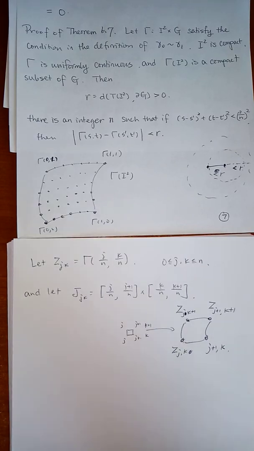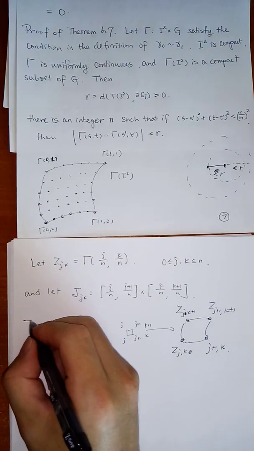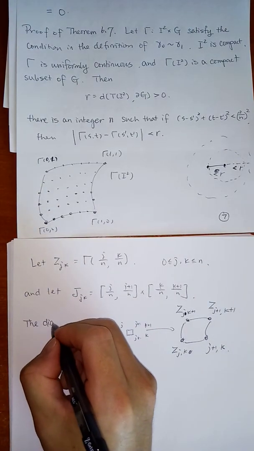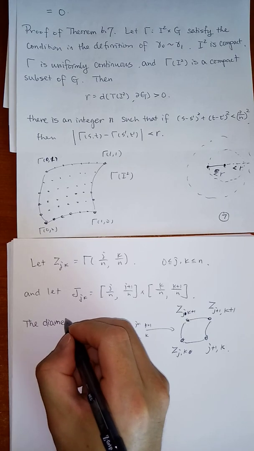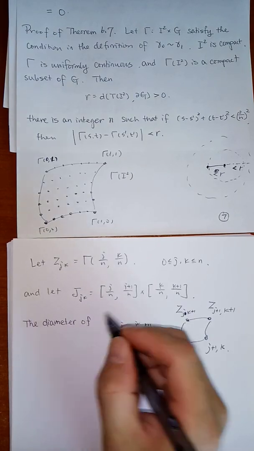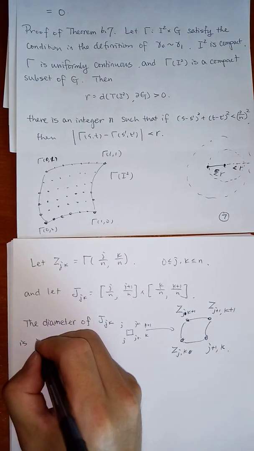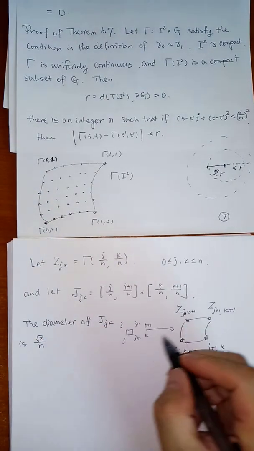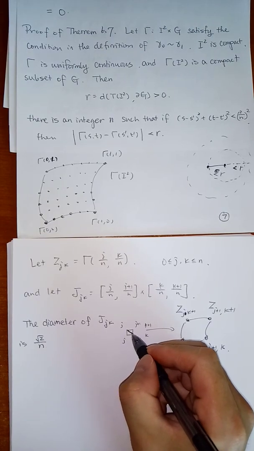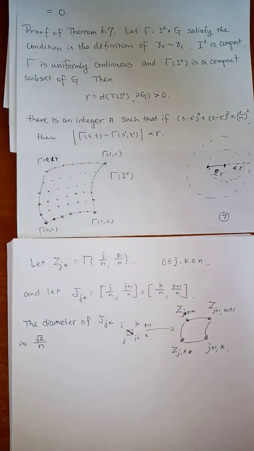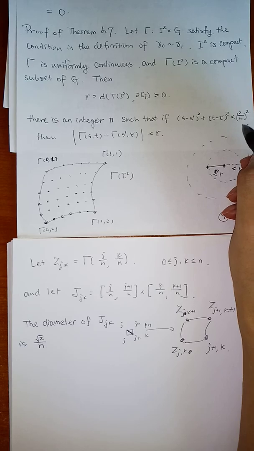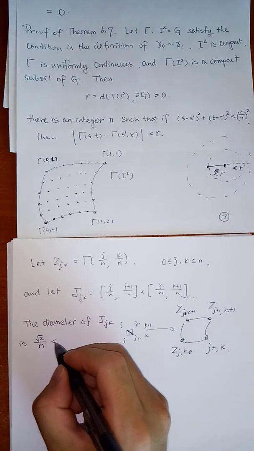And the diameter of J_jk is root 2 over n. So the diameter is root 2 over n, smaller than, remember here, 2n over n squared, less than 2 over n.